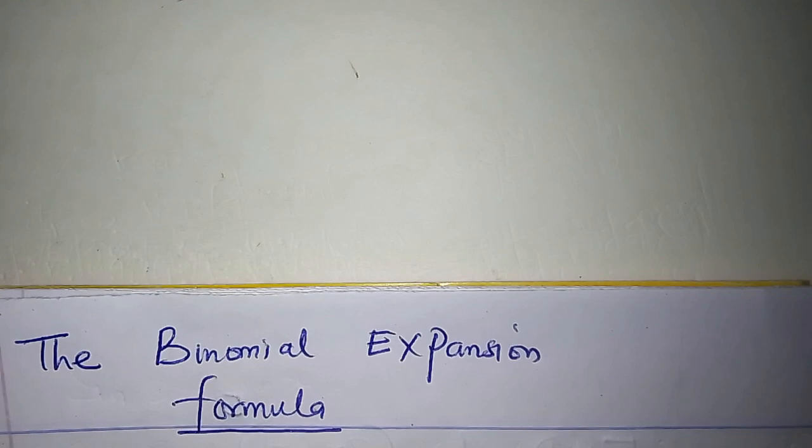In the previous video on binomial theorem, we talked about binomial expansion using the Pascal's triangle coefficient. So here we are going to expand a binomial using the binomial formula.